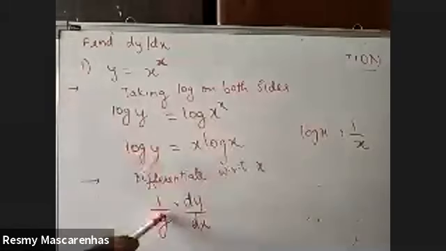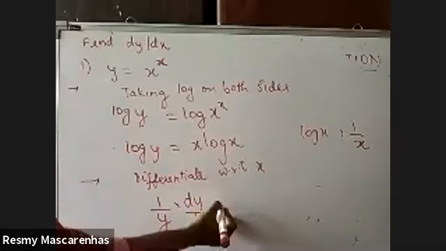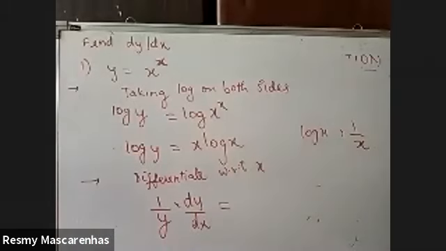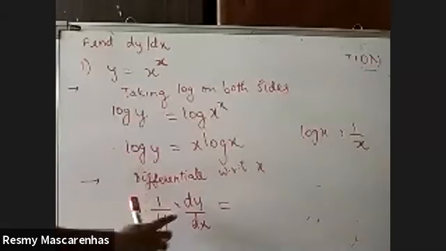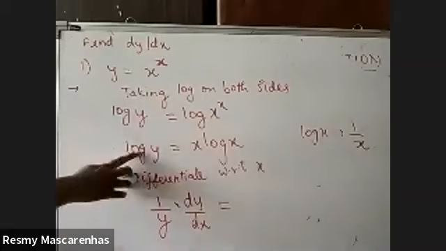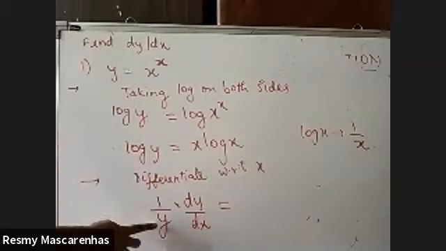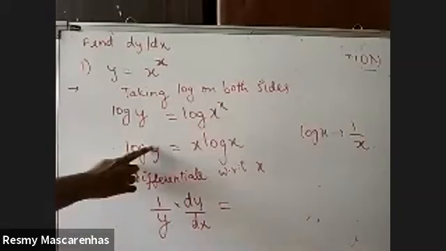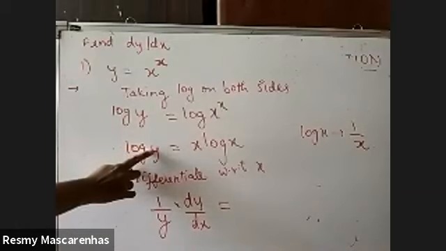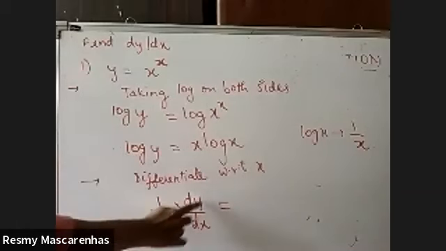Instead of x, it was y. That's why the extra derivative dy by dx. Okay. If anyone has not understood, then ask. log x would have been 1 by x straight away, but this is the letter y instead of x. So that's why you have to take the extra derivative.